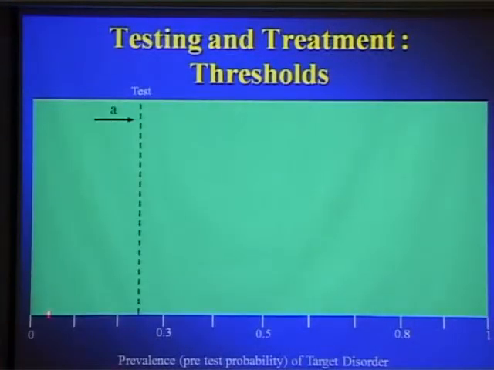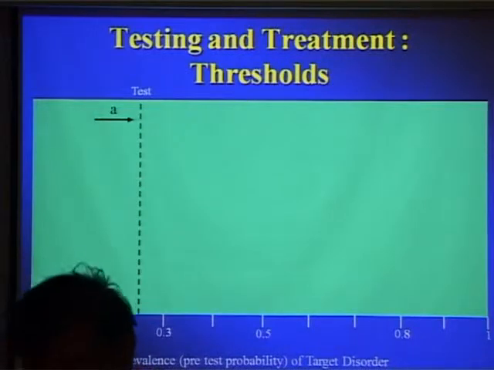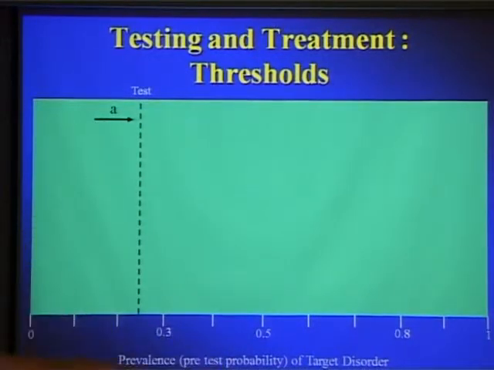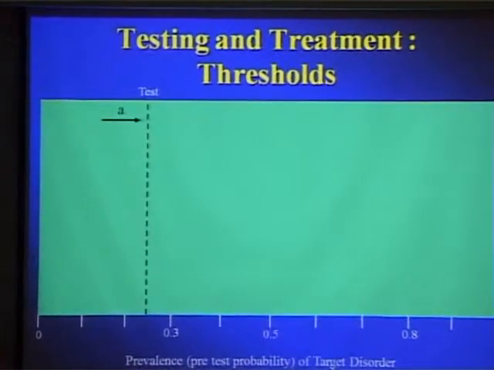So on a scale of 0 to 1, if your threshold for diagnosis or suspicion is less than 25%, do not test, especially for chronic diseases, because it will not help you.